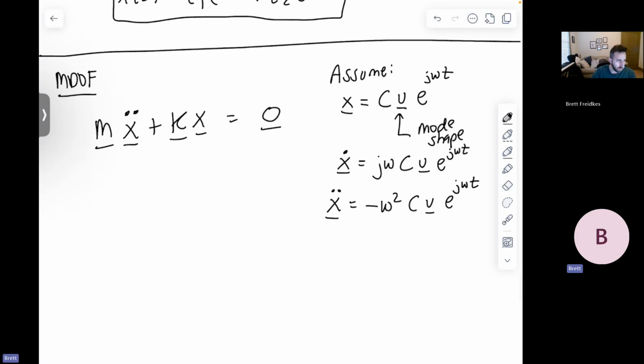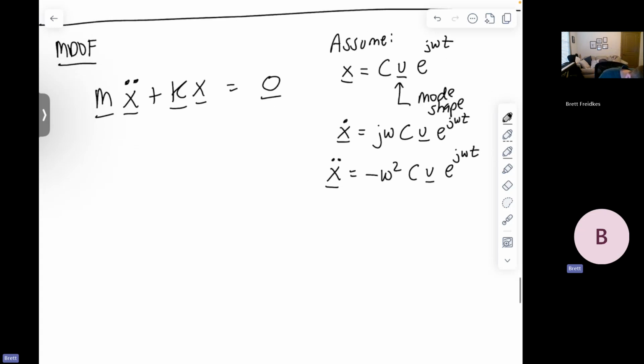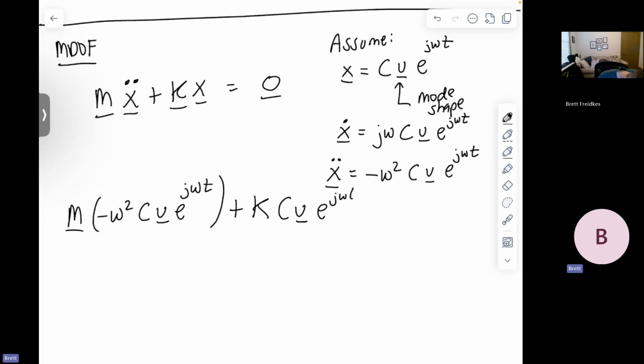And like before, we're going to substitute in what the acceleration and the position matrices are. So this will be the same as m times negative omega squared c u e to the j omega t plus k c u e to the j omega t is equal to 0.